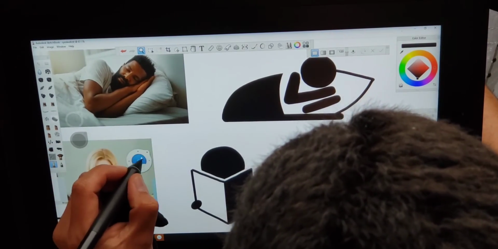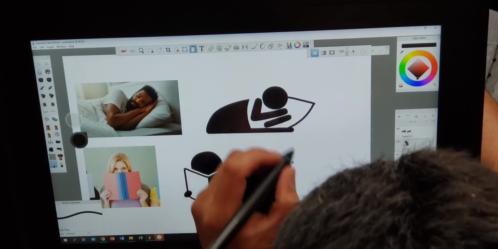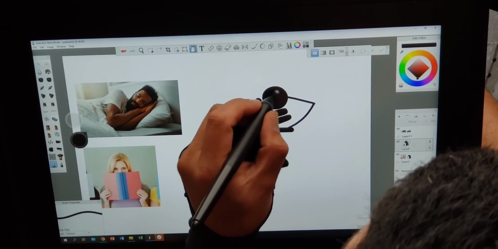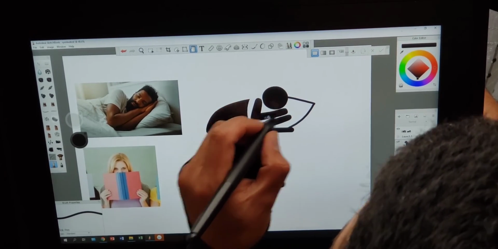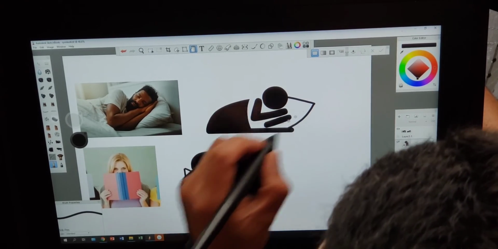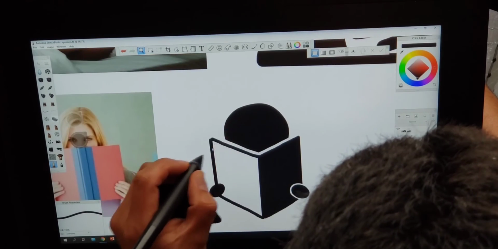This is pretty much the way you're going to draw any symbol. Remember, make sure they have positive spaces in black, or any color you want to use, and negative spaces in white.